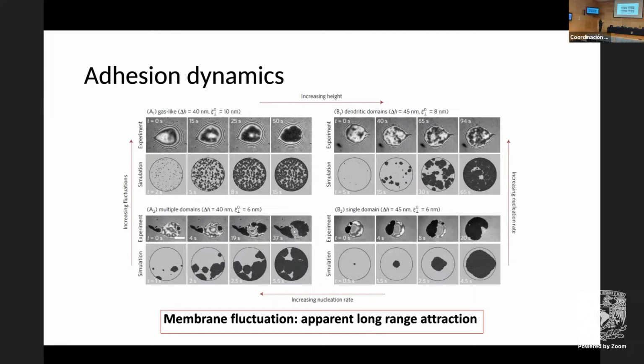Now what happens is that, as you saw, domains are stabilized and single bonds break. So this gives the impression that there is a long-range attraction in the plane of the membrane. And this is interesting biologically because there was a long-standing question in the field whether cadherins can have lateral interactions in addition to the trans interactions. So what we say is that maybe there is some molecular mechanism at very, very short range, but at long range, this is simply a membrane phenomenon which is bringing them together.